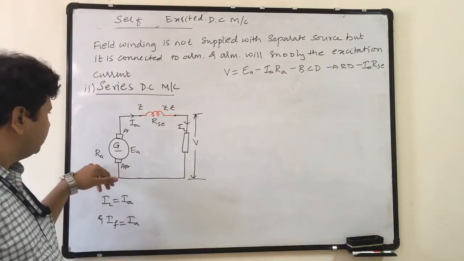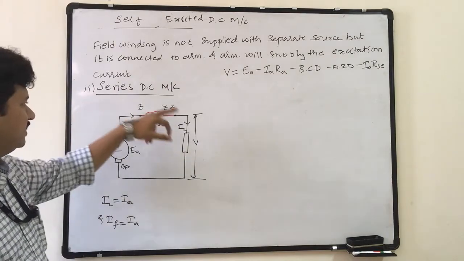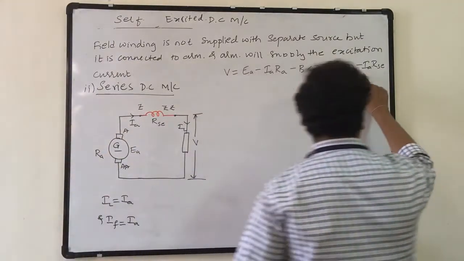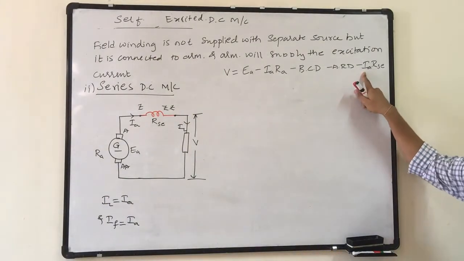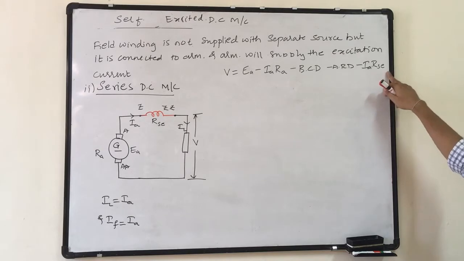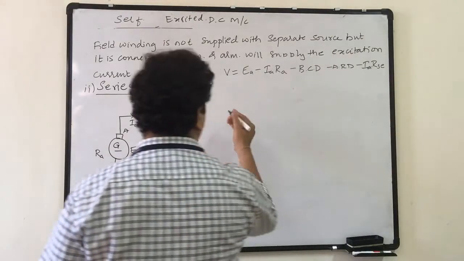So armature current is a function of load. It is not a function of this resistance. So definitely I cannot compromise with the value of IA because it depends upon the load. But what I can do is keep the value of IA into RSE low by keeping RSE at a lower value.